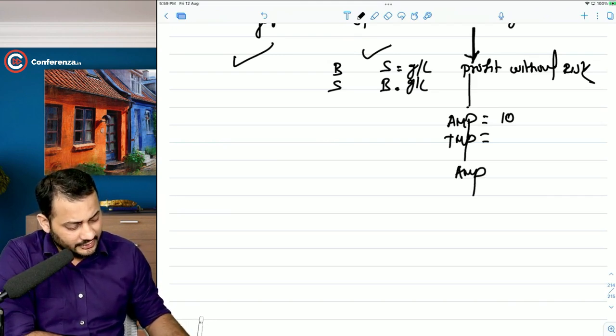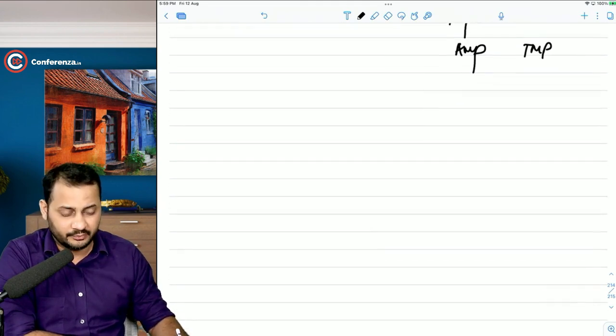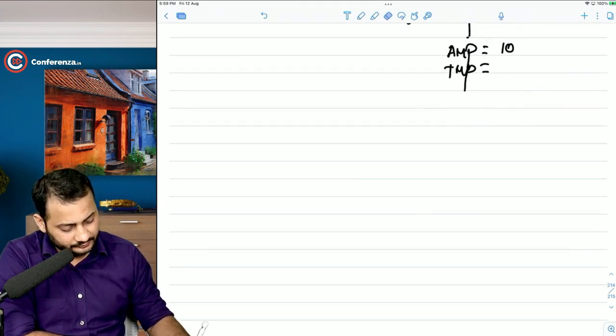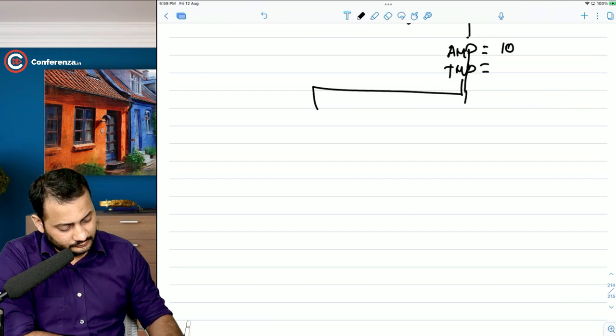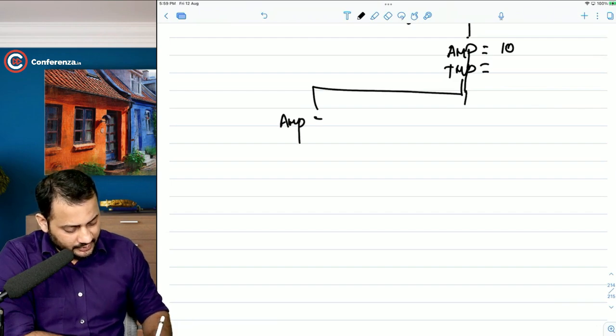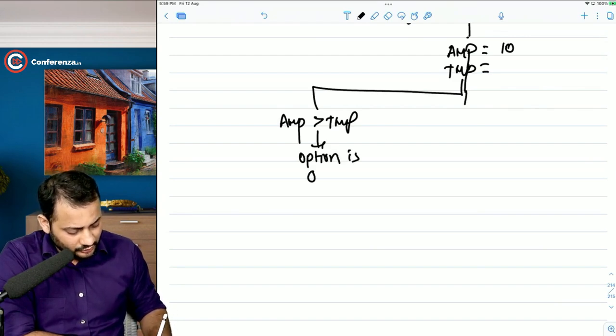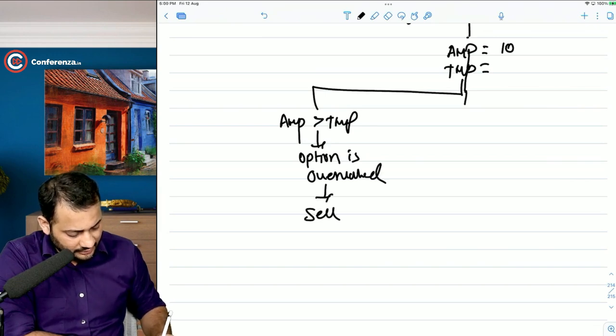Then he will compare the actual market price with the theoretical market price. And now understand, if the actual market price is greater than theoretical market price, we will say that the particular option, whether it is call or put, is overvalued. And the action will be sell option.